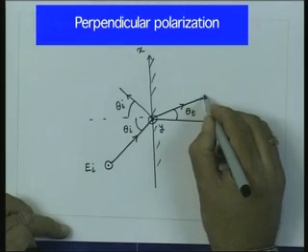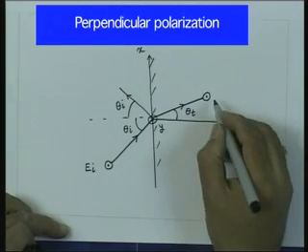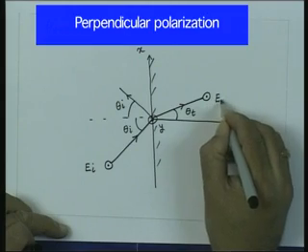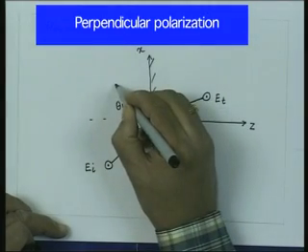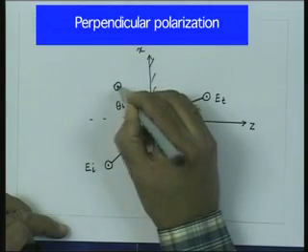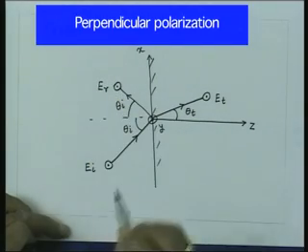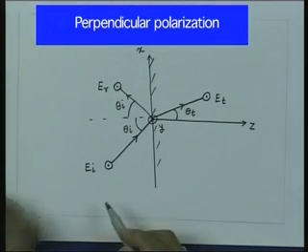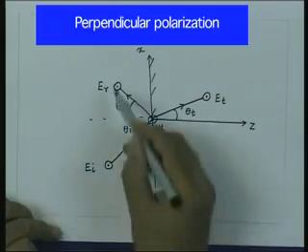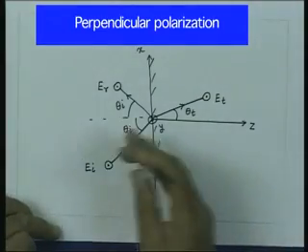So, without losing generality, we can say this also is positive y oriented. So, this is Et, and this is also positive y oriented. So, let us say this is Er. All the three electric fields are now coming out of the plane of the paper.